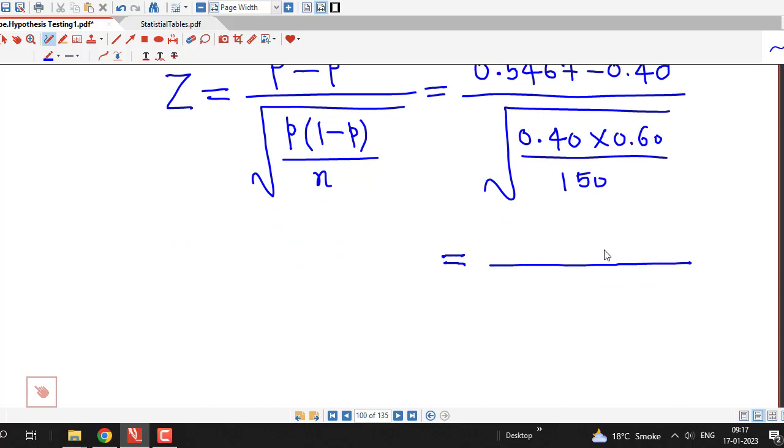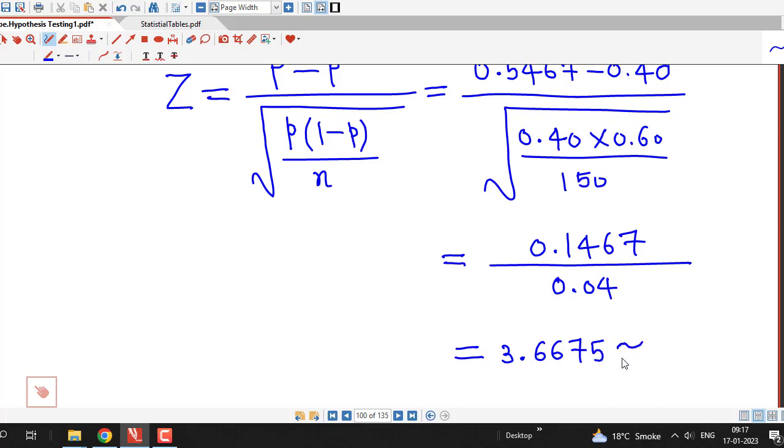This difference in the numerator is 0.1467, and the denominator becomes 0.04, the square root of this quantity, and this is equal to 3.6675.